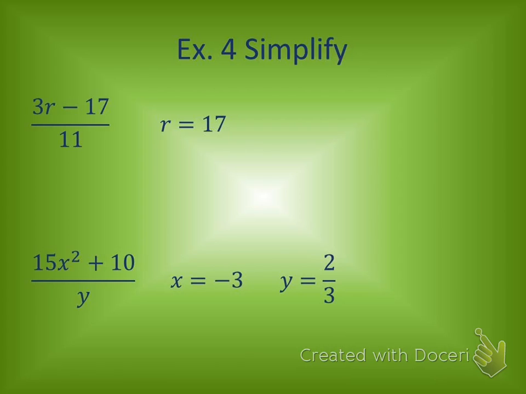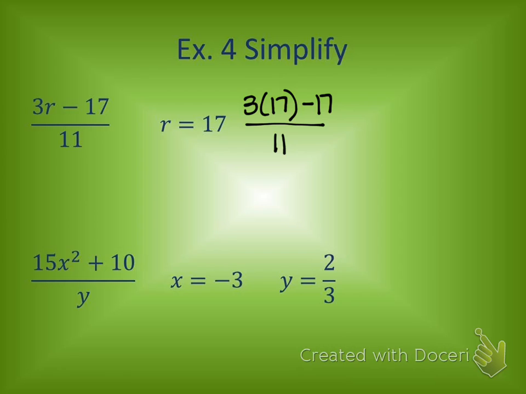So I've got 3 times 17 minus 17 over 11. Okay? Now, everything is a like term. It's not like the last problem that I just had. It's not a keep, flip, change because I'm not dividing by any fractions. It's just a simple order of operations problem, and we did those in Chapter 1.